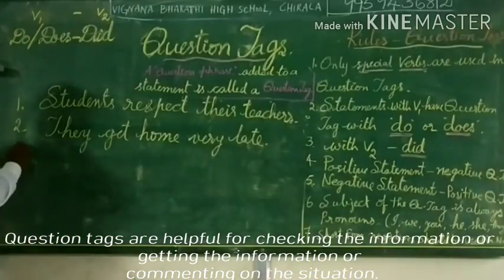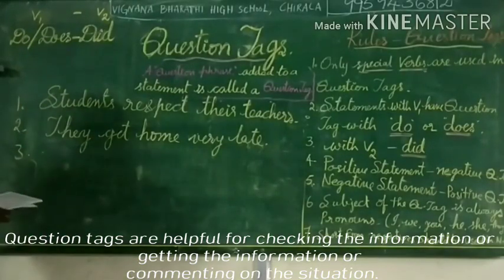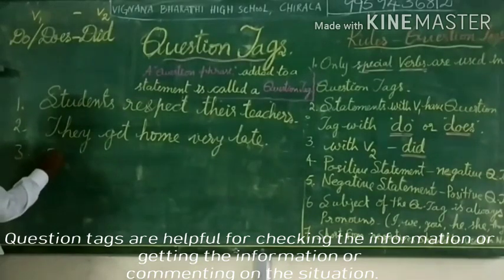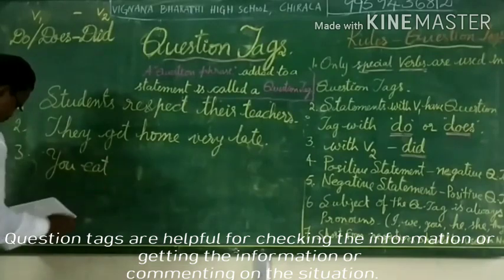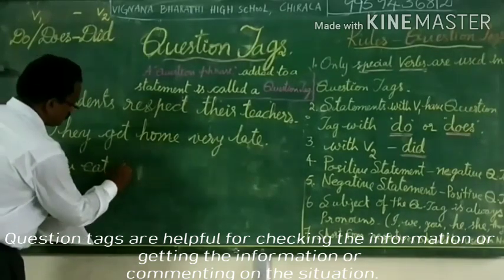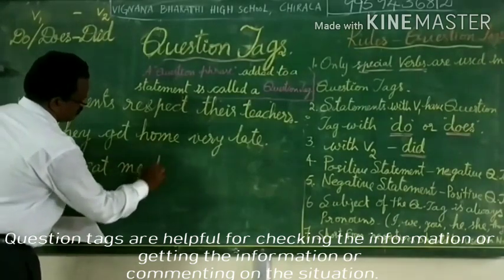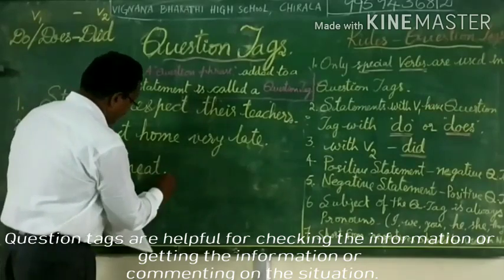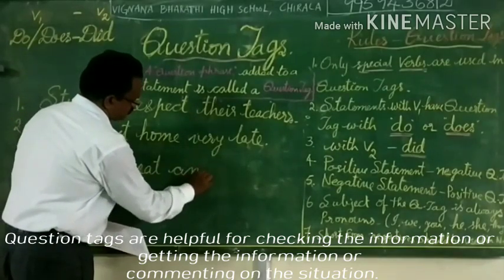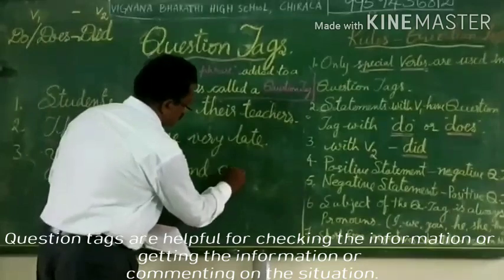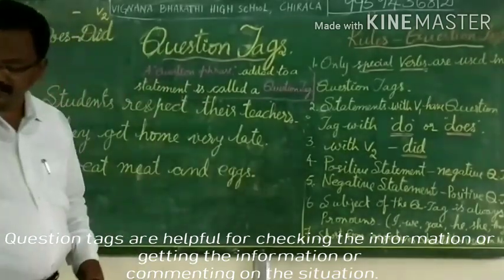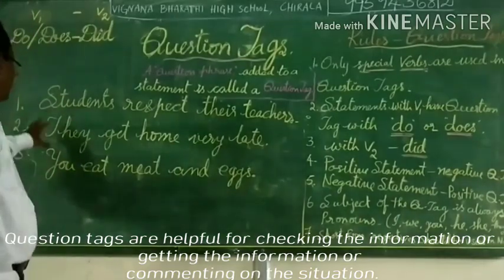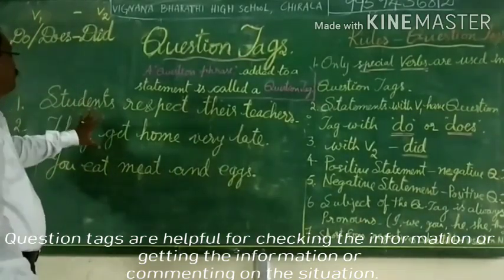And another sentence, you eat meat and eggs. These three sentences, already three sentences are in do form.